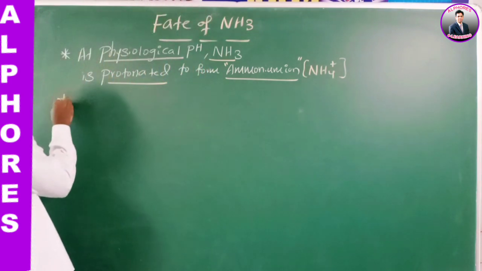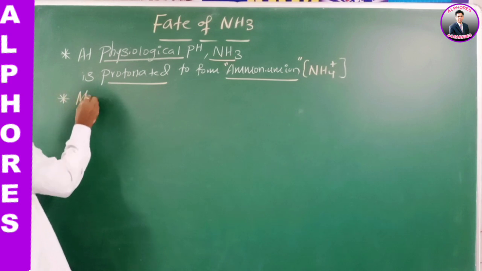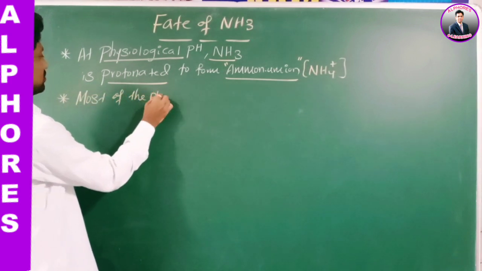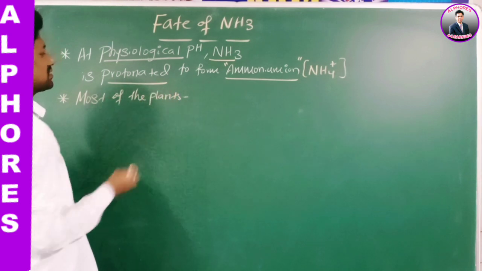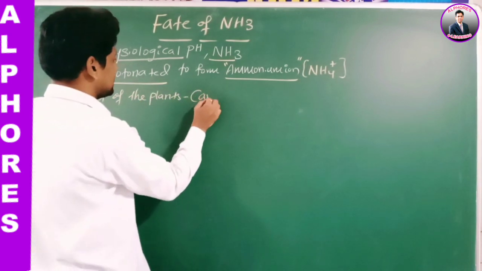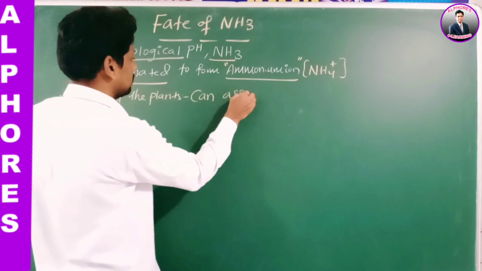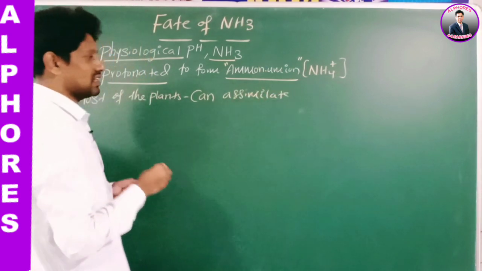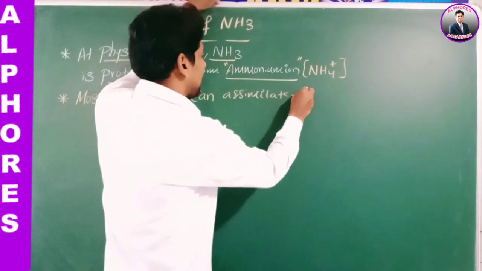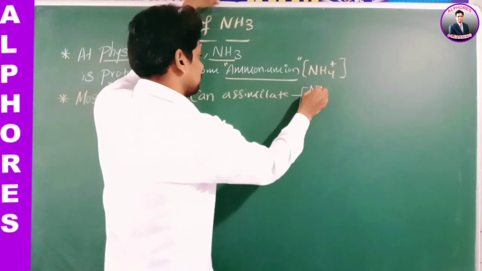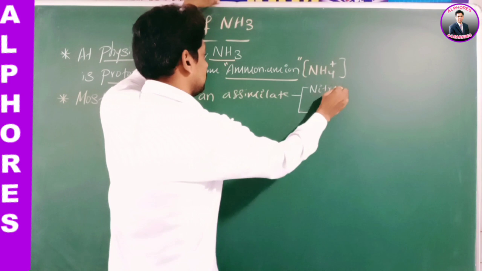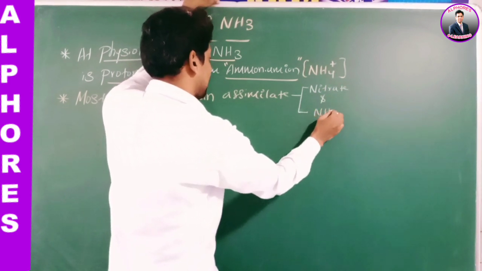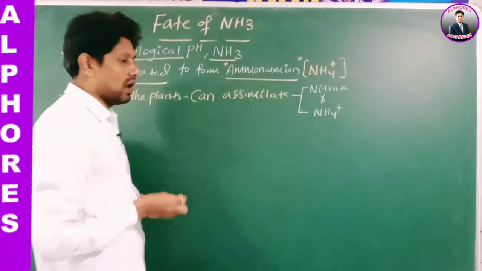Most of the plants can assimilate nitrate and ammonium ion. Nitrate and what?